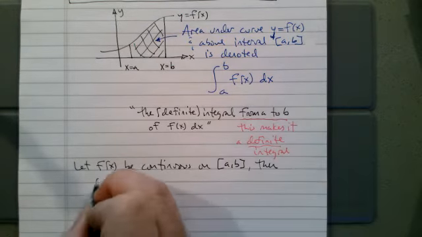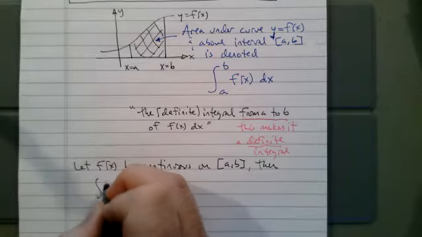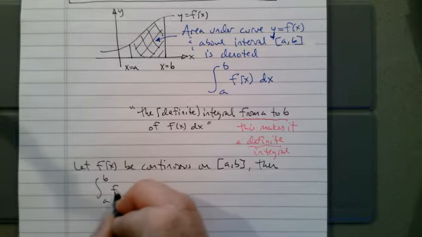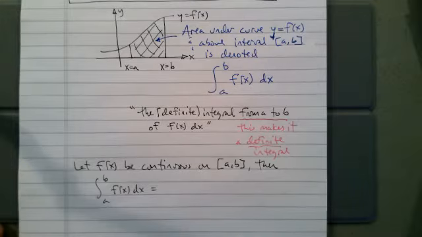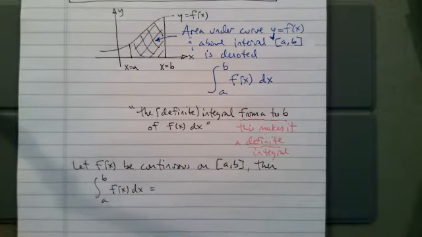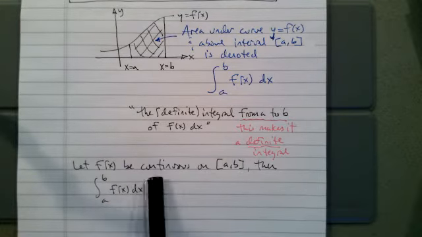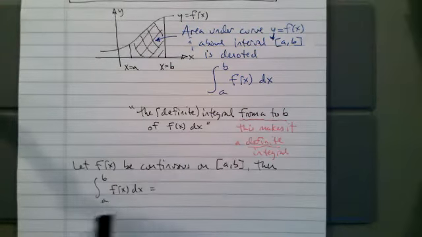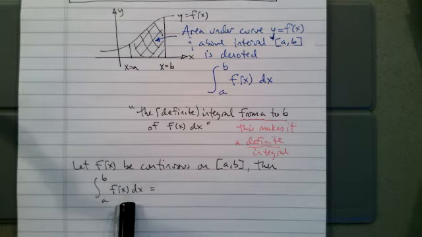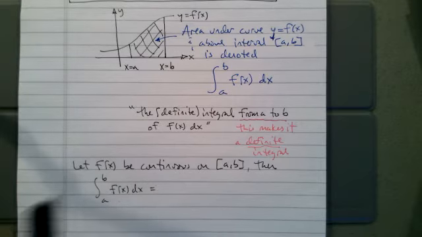Then the definite integral from a to b of f of x dx is equal to... So first we have to stipulate some things. Our function needs to be continuous on a closed interval. Then the definite integral from a to b of f of x dx, that is the area under the curve f of x and above the interval from a to b, is given by the following.